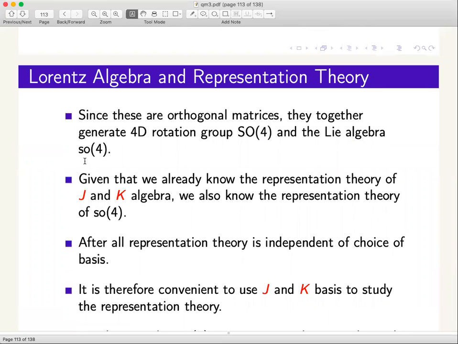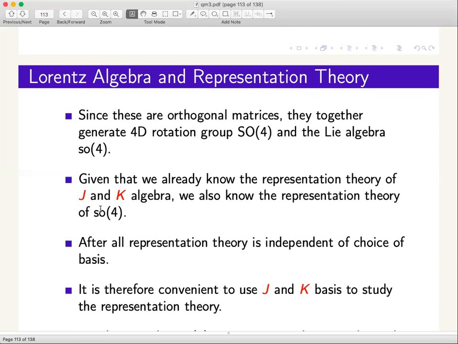But as I said, given that this basis is related to J and K by just a change of linear combination, the representation theory of SO4 is the same as the representation theory of J and K algebra, which is just 2 copies of SU2 algebra. That tells us that the 4-dimensional rotation algebra is isomorphic to SU2 plus SU2 algebra.